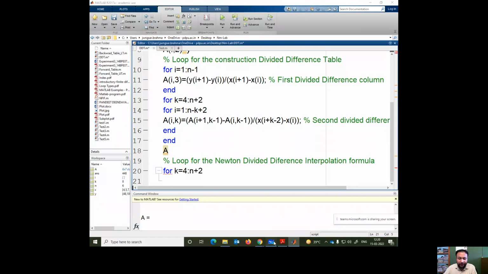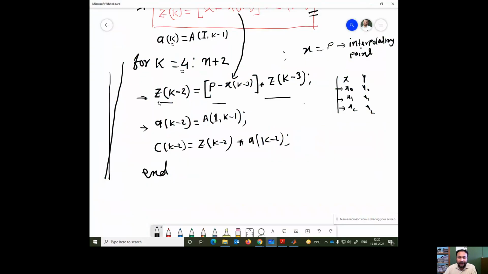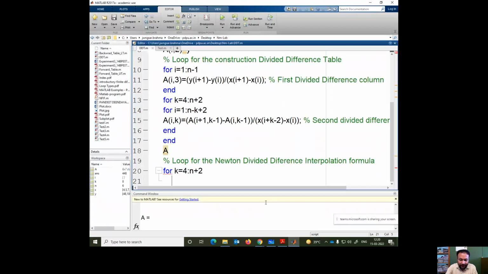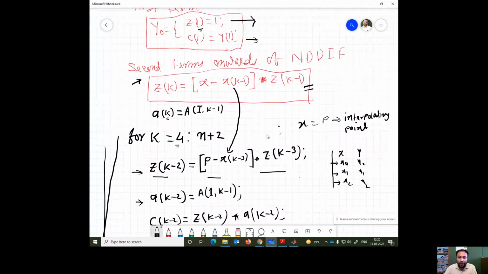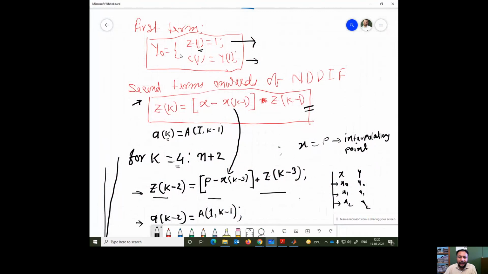So what we have developed, I want to write here. Now Z, before that, before using the for loop, for the first time I have to define this one.